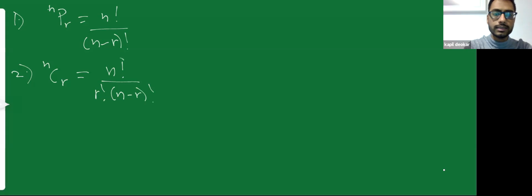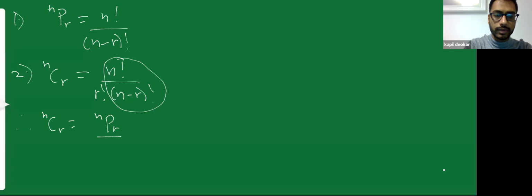So this part is same as that of nPr. There is one more portion which is r factorial. Therefore, can I say that nCr is equal to, this term is what? nPr divided by r factorial. Or I can get a relation over here. If I shift r factorial to the other side, I will get nPr is equal to r factorial multiplied with nCr.